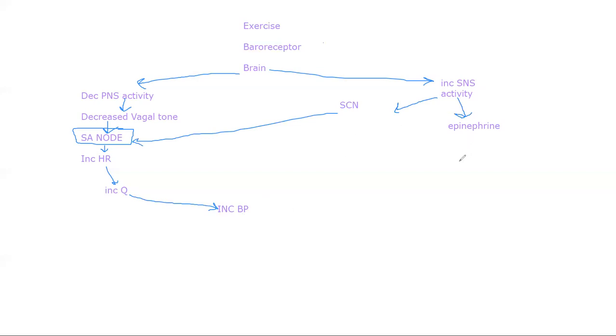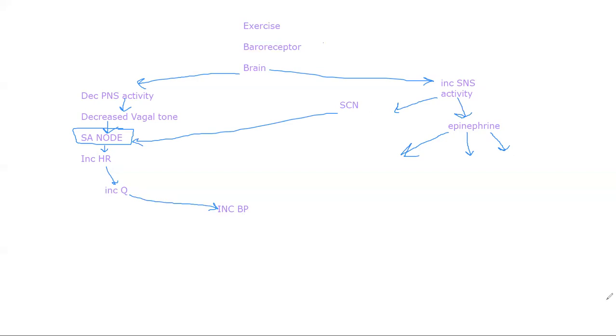And how many different branches do we have coming off of epinephrine? Three. What are they? The SA node, the arterioles, and the left ventricular myocardium.